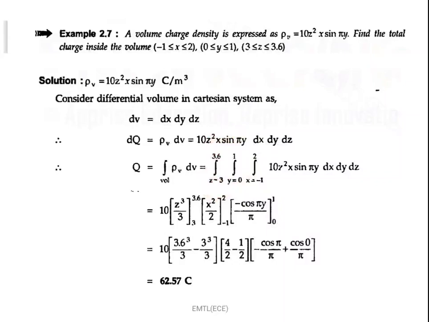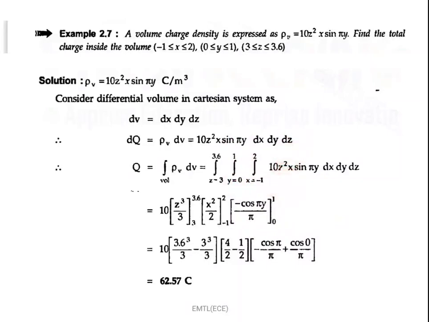Now integrate the respective variables separately. For the x part, x dx integrated with respect to x is x square by 2. And the y part, sin πy dy, is equal to minus cos πy by π, with limits 0 to 1.